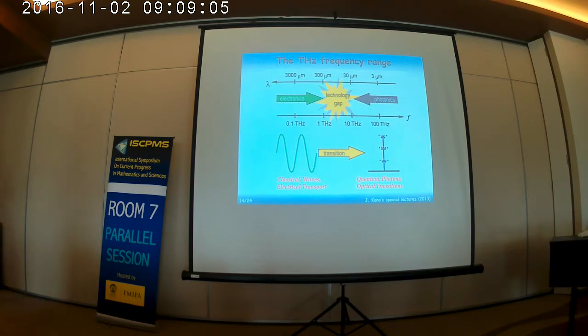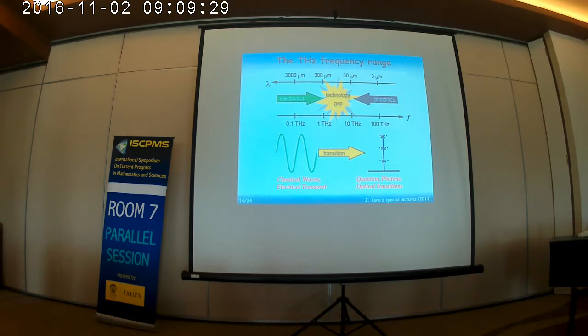We call the terahertz frequency a technology gap. A little more fundamentally, the terahertz frequency is also an interesting transition region. This is where the classical wave becomes a quantum mechanical photon. This is also the transition region from electrical transport phenomena to optical transition phenomena.